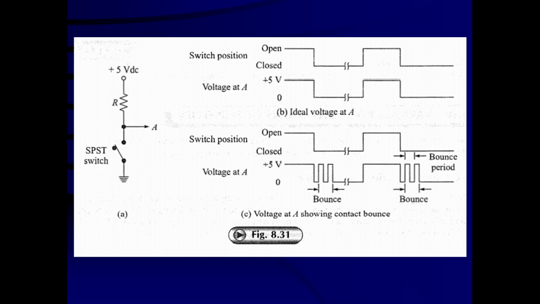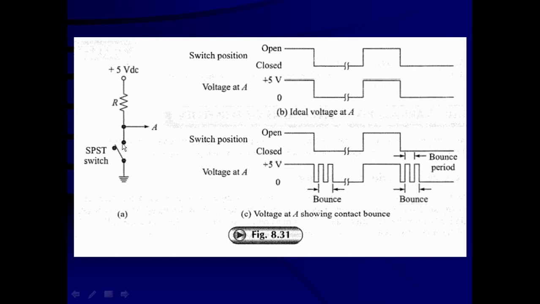Now, in reality, what is going to happen? Because of the contact bounces. This is a mechanical switch, and because it is a mechanical switch, it has an arm which you can put in one stable position, and from one stable position you change to another stable position. What happens? This contact arm is going to bounce because it has a spring action.